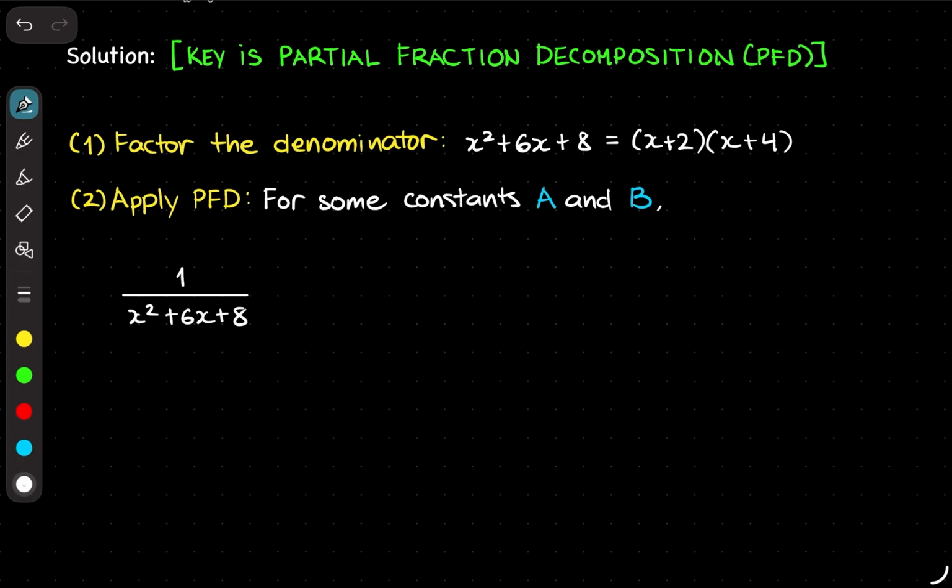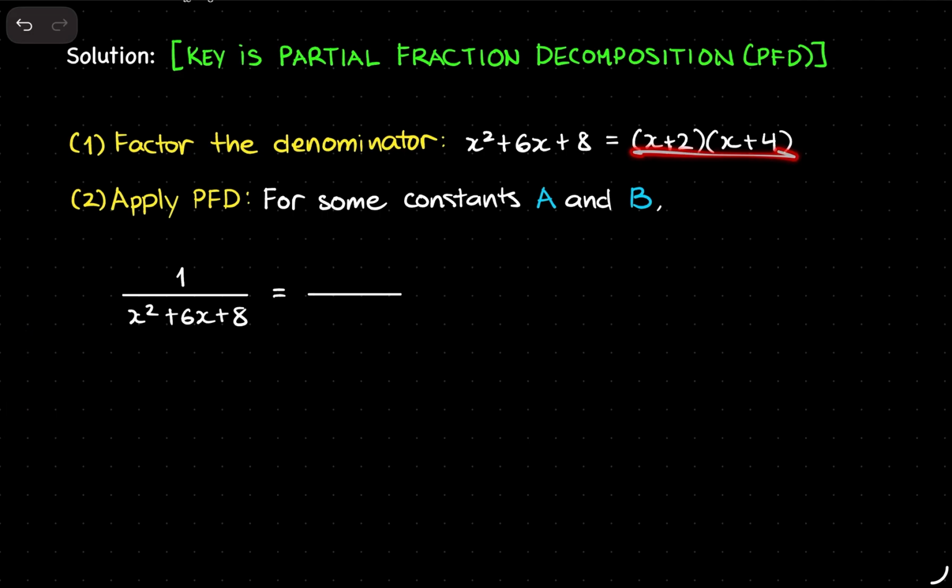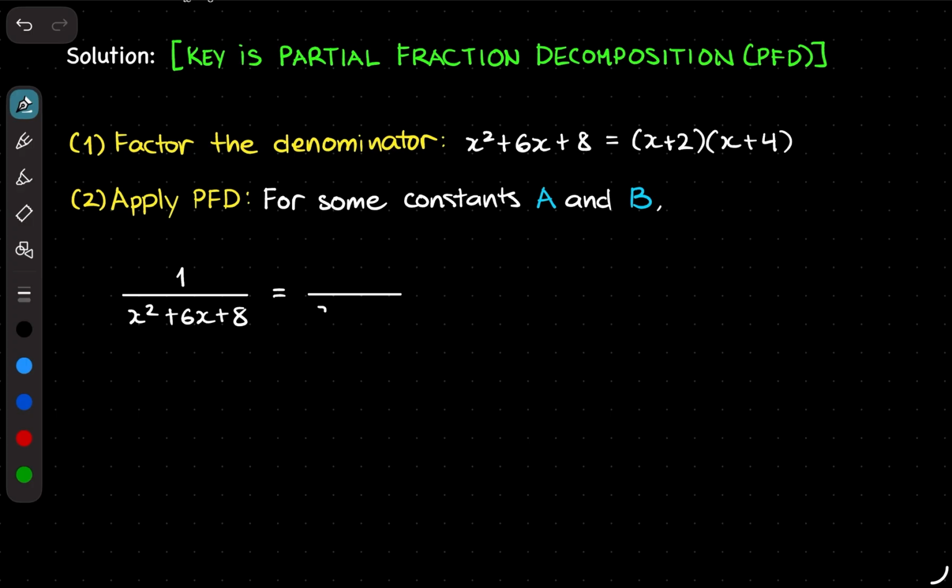We can write this by the partial fraction decomposition in terms of the denominator of its linear factors. So we'll have here x plus 2 plus x plus 4, wherein the numerators here are given by the constants a and b.